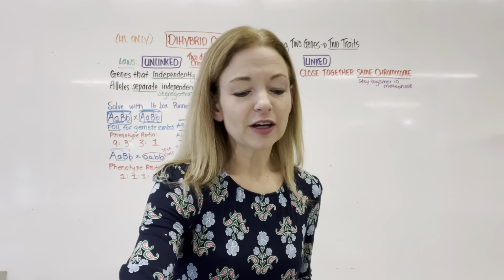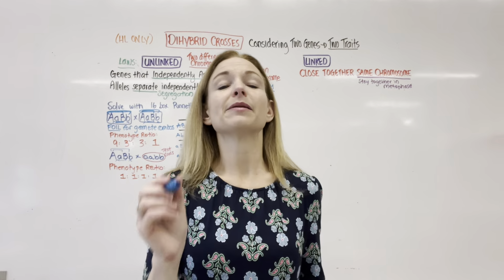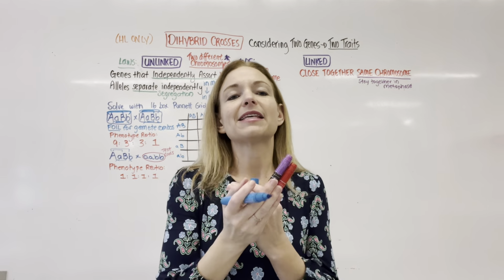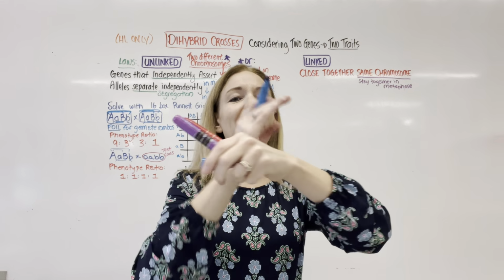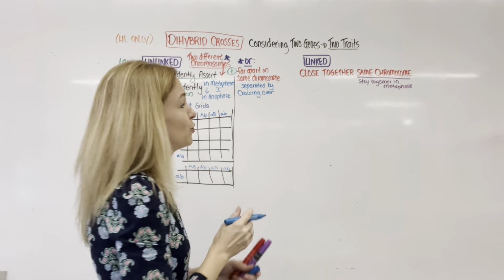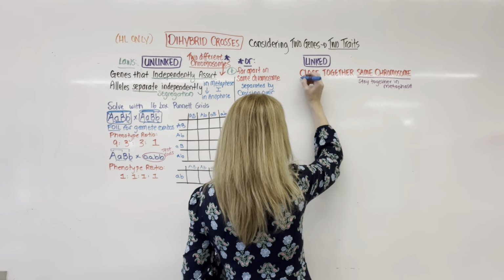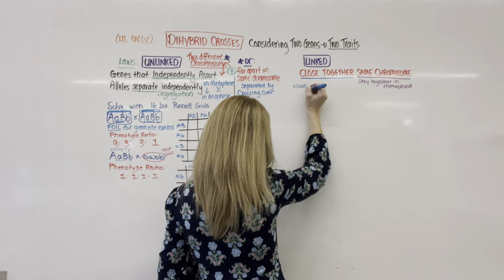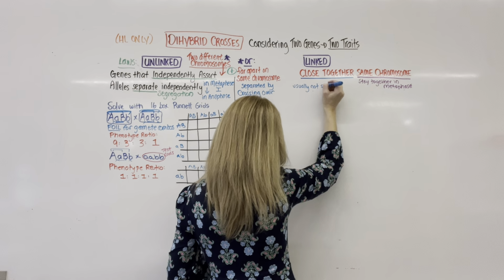The reason why the close together is important is because that means that they only get separated if the chiasma happens to fall between them. So they are going to usually not be separated by crossing over.